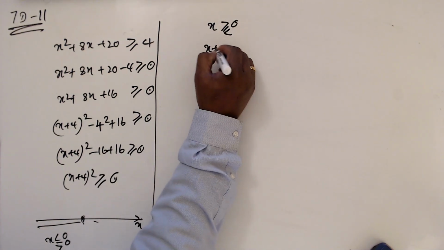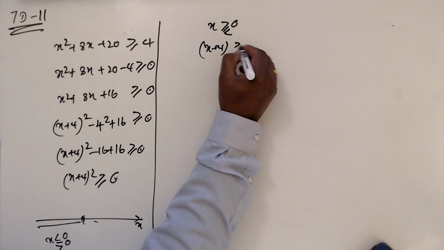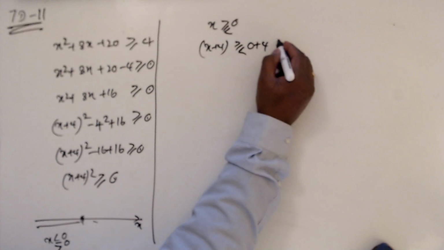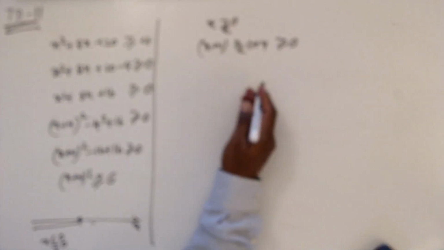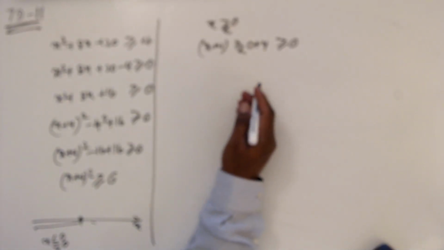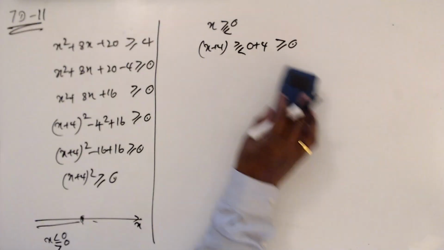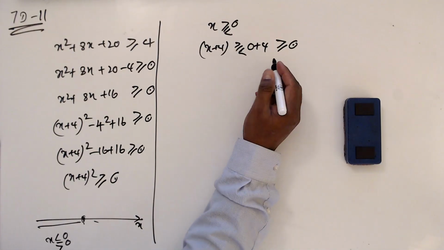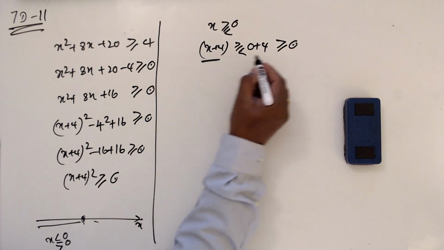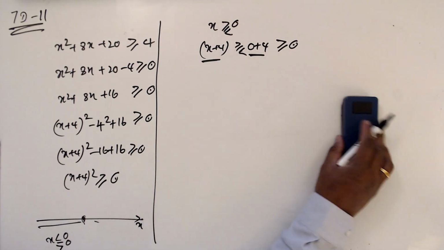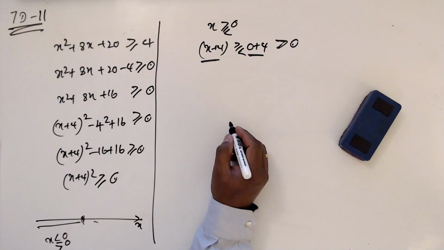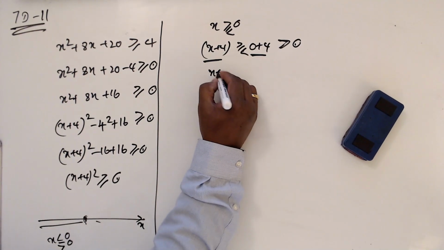When you add 4 to this one, it is definitely greater than 4, which means this is greater than or equal to 0. Even if not equal to 0, when you add plus 4, this is greater than 4. This expression is greater than 4, so it is definitely greater than 0, not even equal.